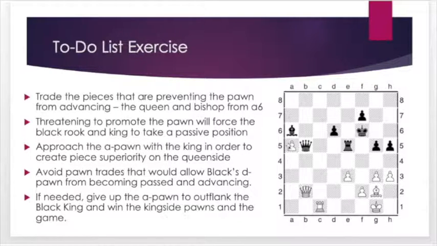What we can still do as our fail-safe or safety valve is give up the a-pawn, we trade off the rooks, so it's down to just kings, and ultimately black's king will capture the a-pawn, but at the cost of that, the white king could then outflank the black king, so the black king will be over here somewhere on the a-file.